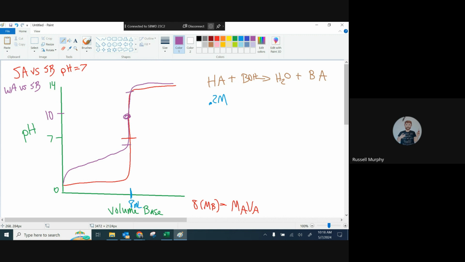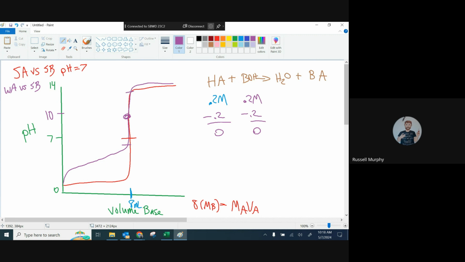The reason is that the weak acid and the strong base are equivalent. You have done 0.2 molar of both of them, so you subtract 0.2 and 0.2, and there's 0 of each left over. There's neither acid nor base left over from the initial reaction.